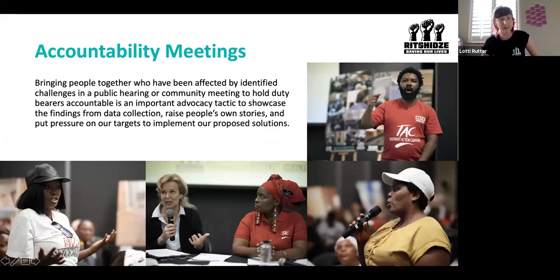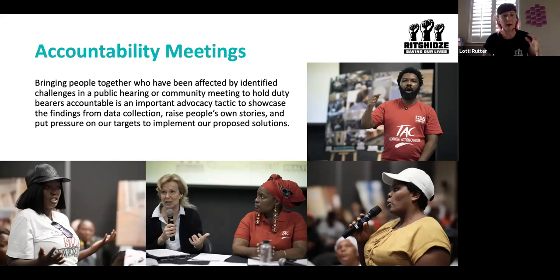So one of the methods we've been using for engaging duty bearers and escalating our tactics a bit has been the use of community meetings. So basically bringing together people that you found through the monitoring system, whose personal stories replicate the challenges that you found on a broader data level.